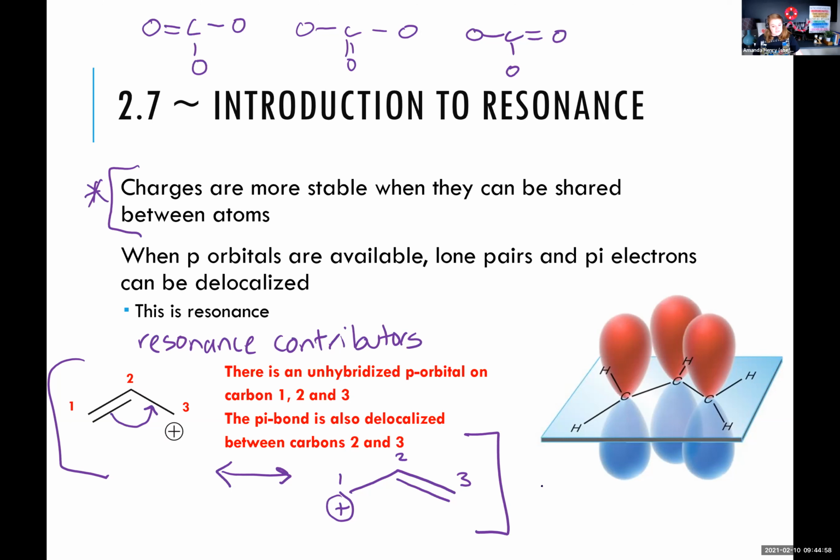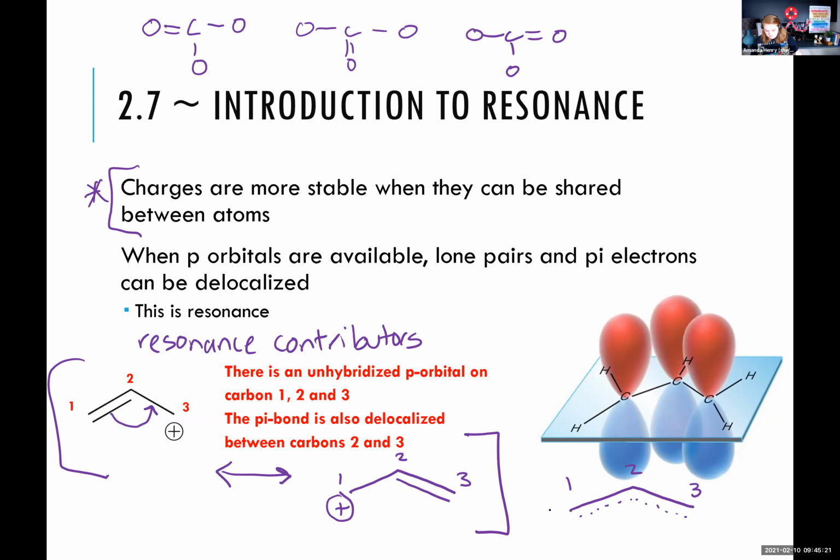What this structure really looks like is that double bond is shared between carbons 1 and 2 and carbons 2 and 3. So we draw it as a dashed line. And that charge is shared between carbons 1 and carbon 3. So we don't draw it as a full charge.